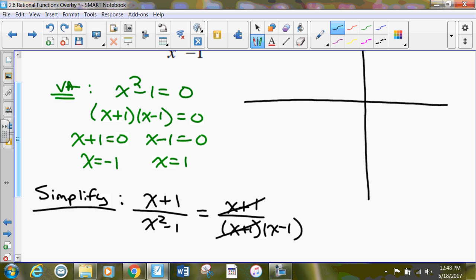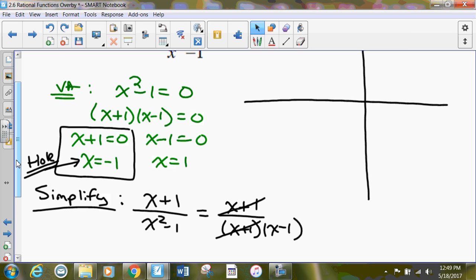So what that means is that at x equals -1, instead of ending up with a vertical asymptote, we actually end up with a hole in the graph, which is very important, but we don't end up with a vertical asymptote.